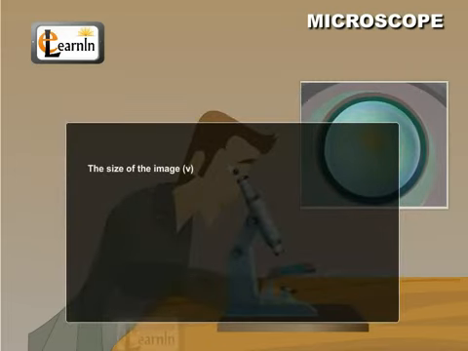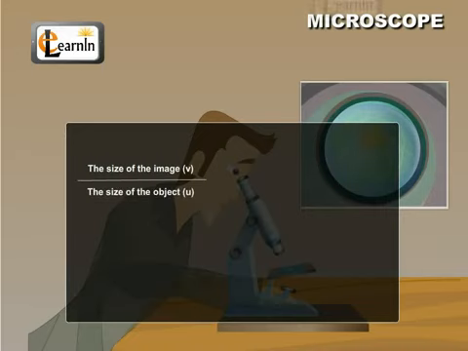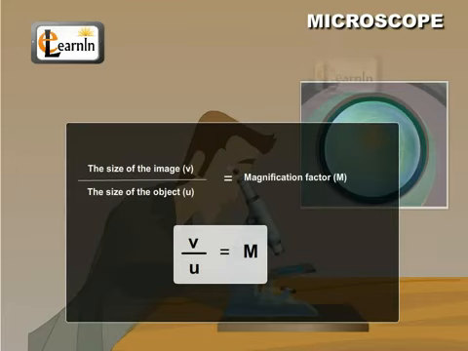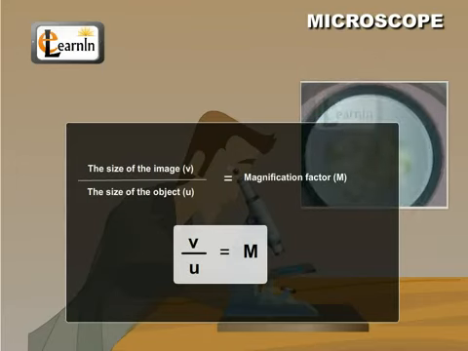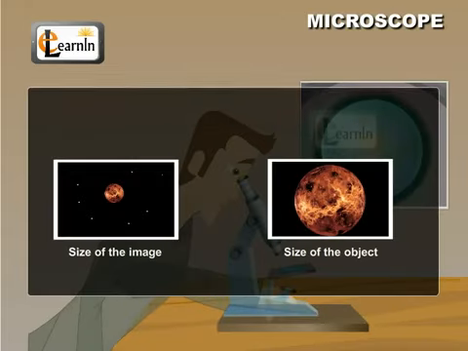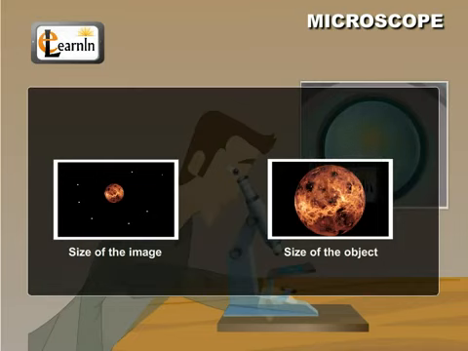The ratio of the size of the image, represented as V, to the size of the object, represented as U, is called the magnification factor. That is, V divided by U is equal to M. Similarly, if the size of the image is smaller than the size of the object, then the image is said to be diminished.